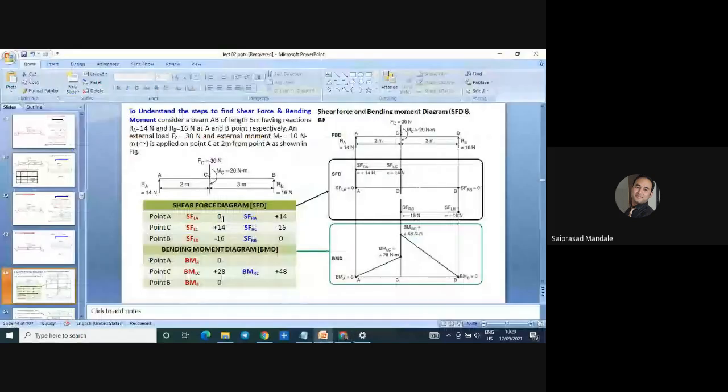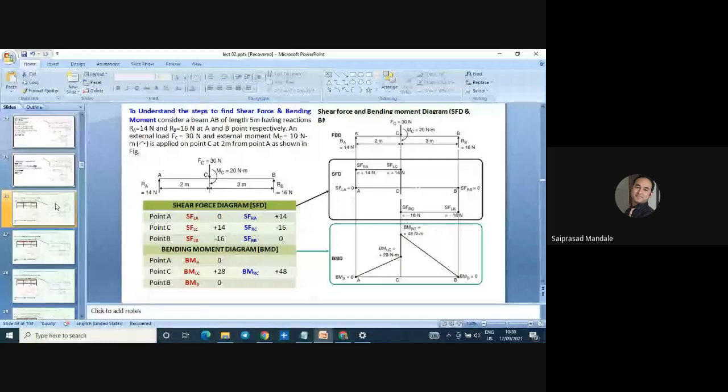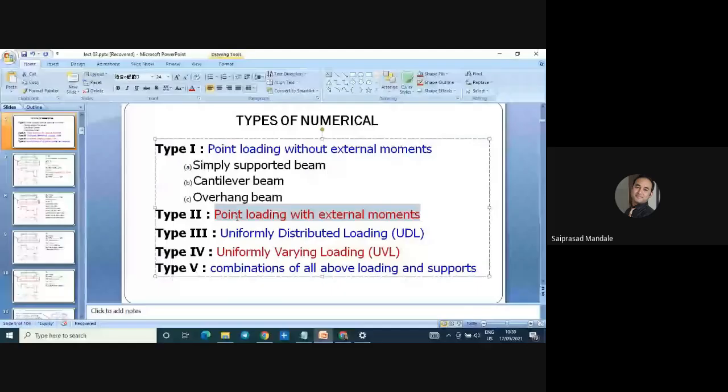Okay, so this is the second type. Now as it is the third type, that means second type, you have to solve two more numericals based on such a condition: a point load with an external moment.